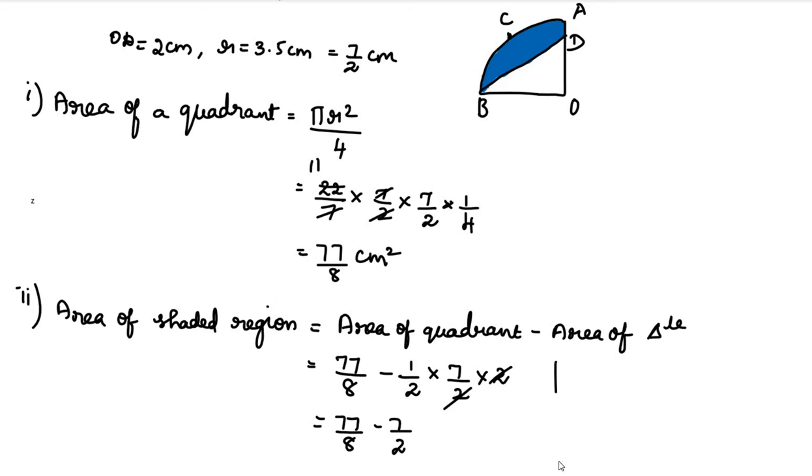So when I take LCM, I'll get 77 minus 28. So when I subtract 77 minus 28, I'll get 49 by 8 centimeters square. Do you understand this, children? Thank you.